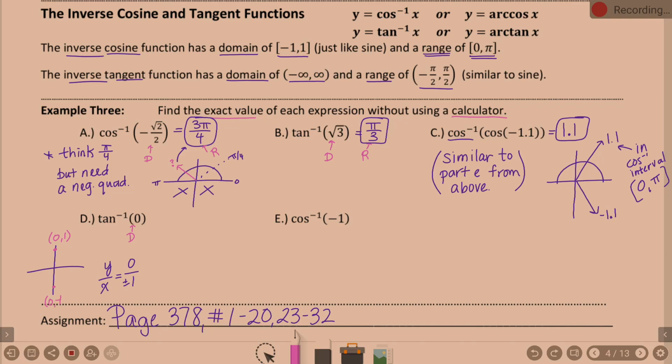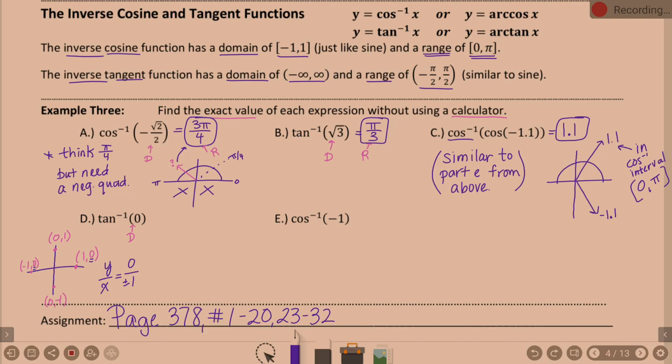Are those the pieces I want? No. Y is 0 at 180 and at 0. But when is y 0? At 0 and 180, or at 0 and pi, yes?